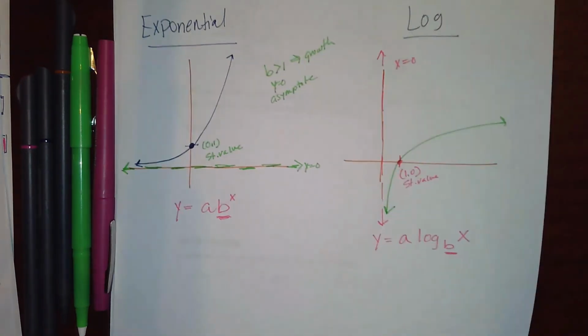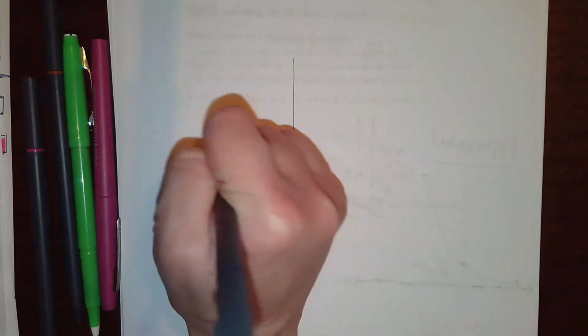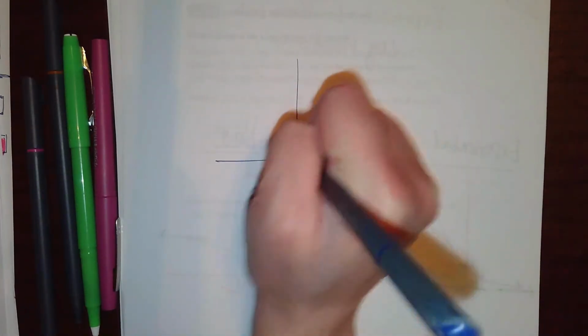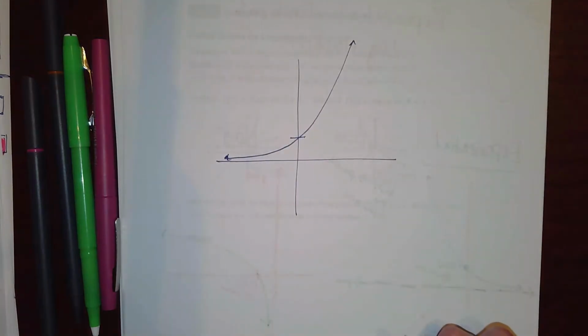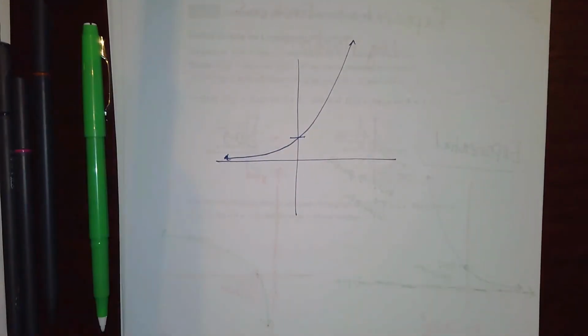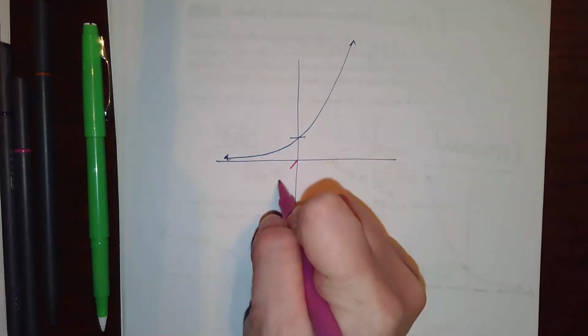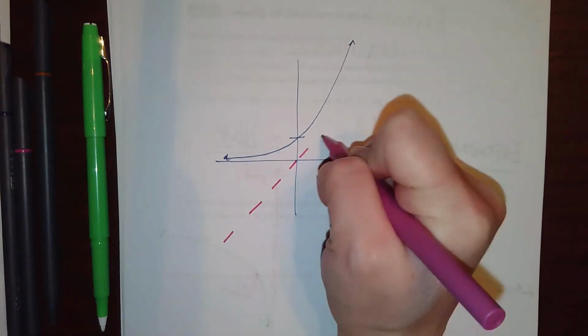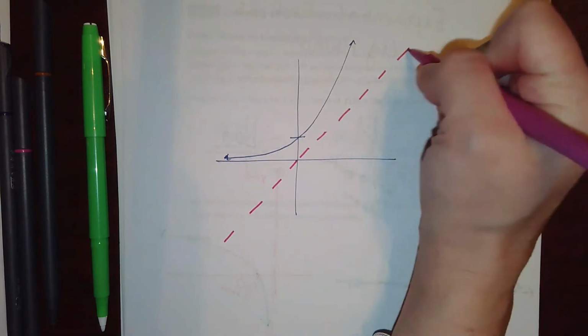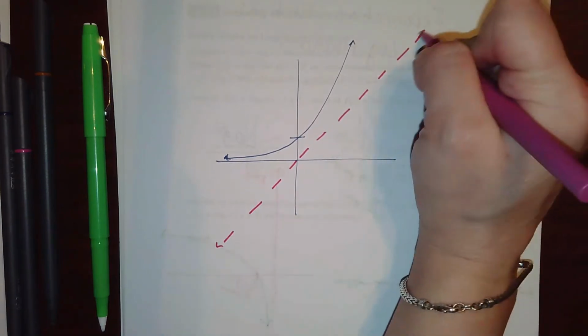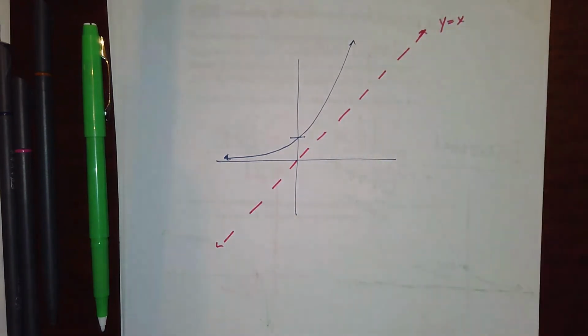The reason why this happens, and this is what I want you to turn your papers over for, I want to show you this. Let me go back to my basic exponential. Here's my basic exponential. When we switch x and y, think about it, what we're doing is taking that graph and reflecting it across the line y equals x.